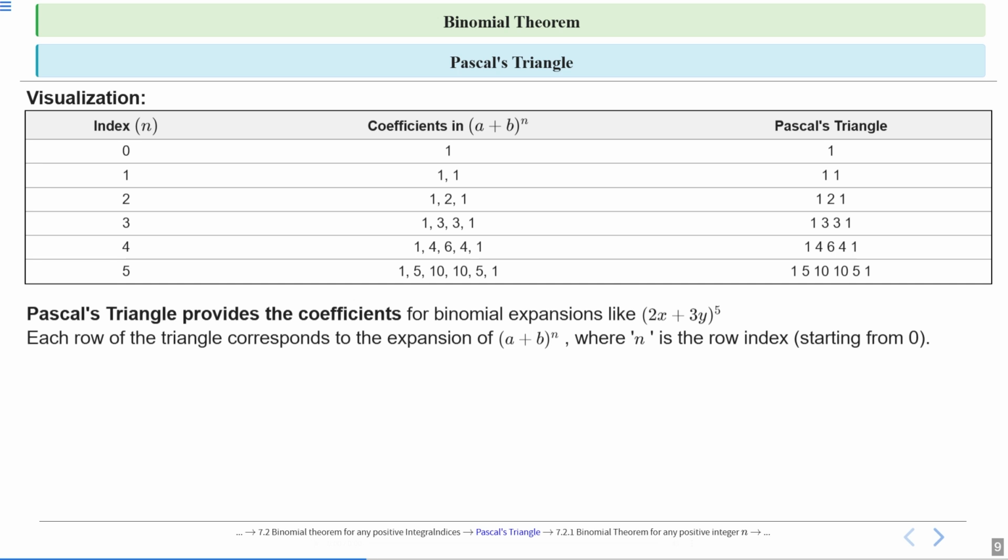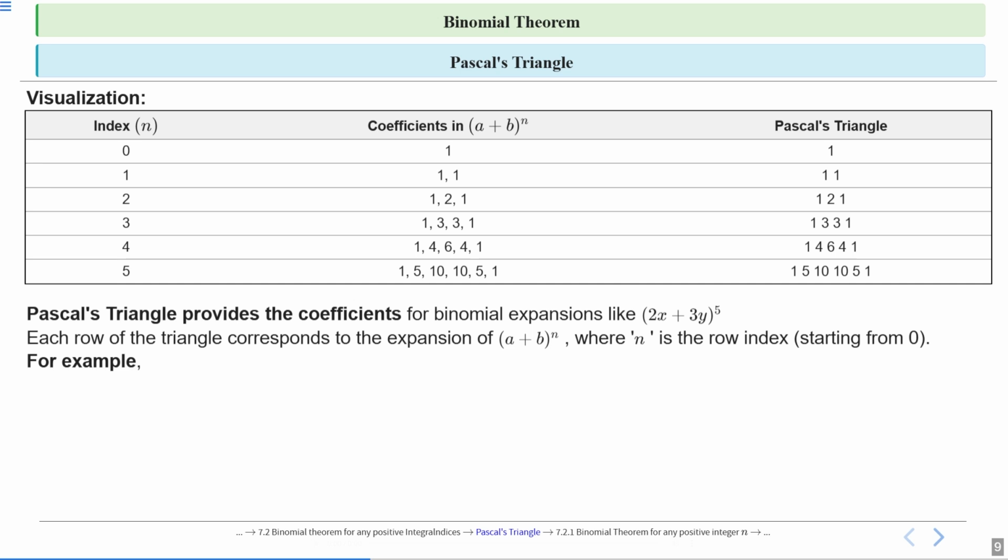This means the first row corresponds to (a plus b) to the power 0. The second row corresponds to (a plus b) to the power 1, and so on. For example, let's consider the row for index 5.